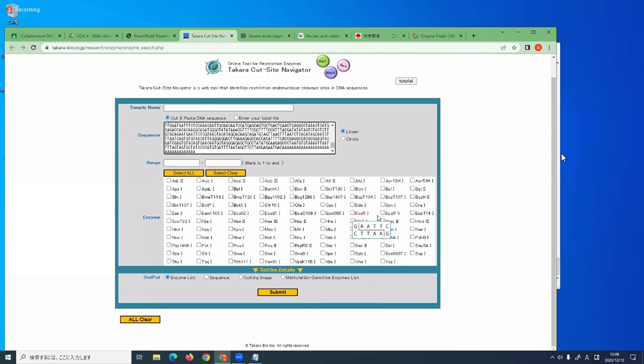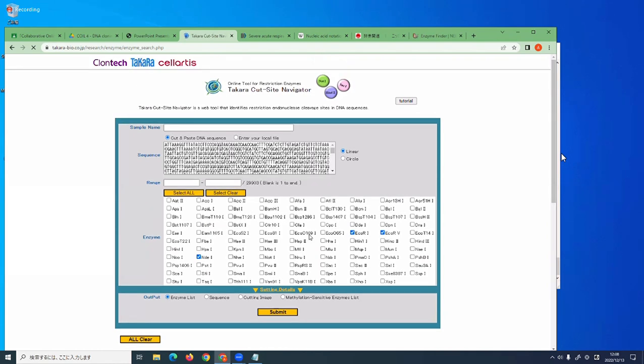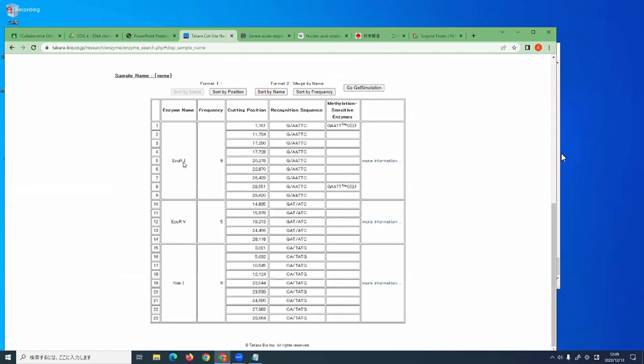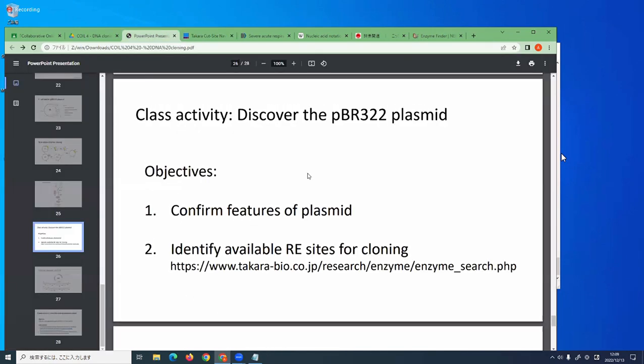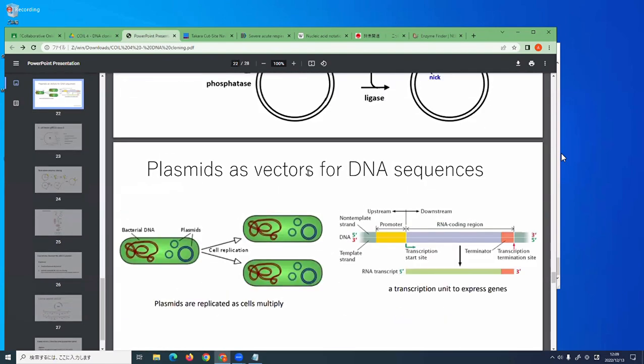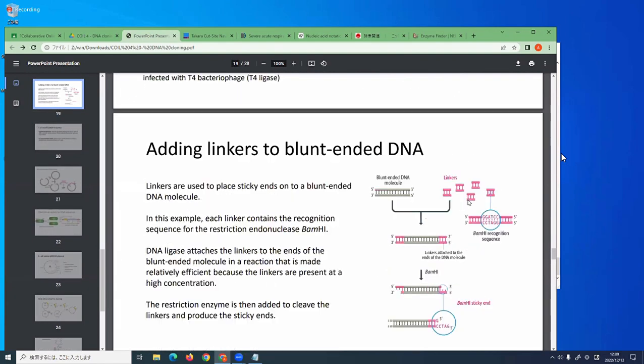EcoR1, EcoR5. I guess it doesn't matter if we have multiple sites. So we have EcoR1, EcoR5, and NDE1. But for the insert side, we don't have to cut it using restriction enzymes, because from the example I showed just now, you can add linkers, all right?